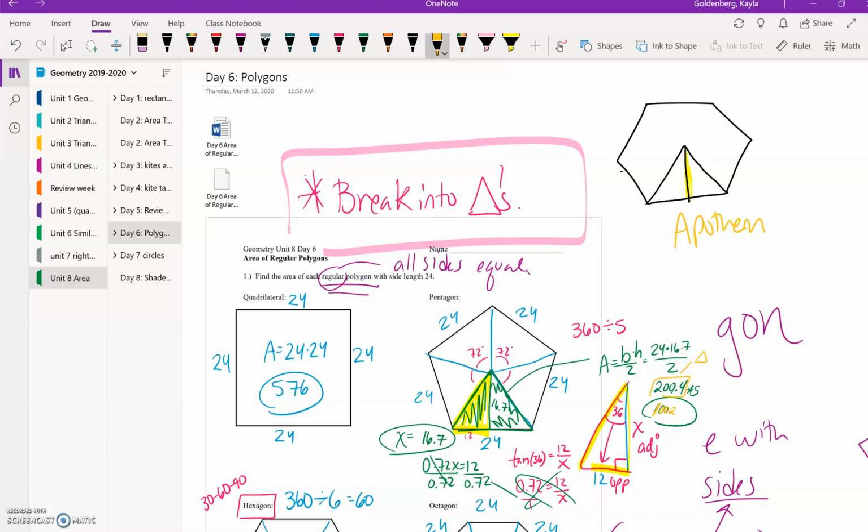Now, the ones we did in class were a bit harder, and we had to use different tools to solve for that height, such as trig. We used 30, 60, 90 triangles. Those were 2 that we saw. I think you guys saw in the last homework assignment that's due today that sometimes it's a little bit easier and they give you the height of the triangle or the apothem, and you can just right away plug that in and solve for your area.